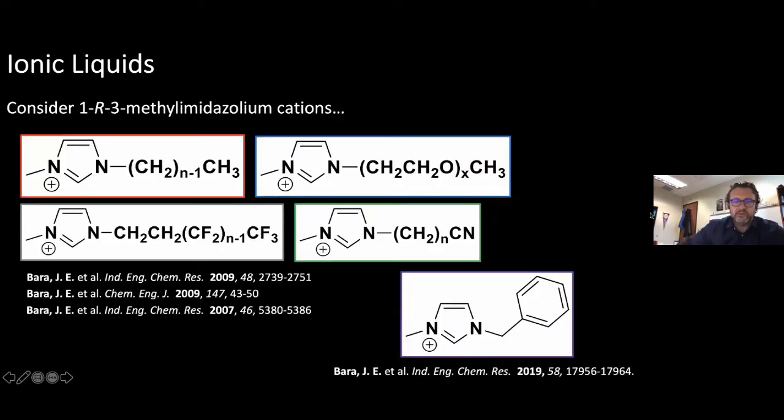Everyone here knows this, so I don't have to go on for very long, but when we think about ionic liquids and the imidazolium type of cations, we can see that there are many different possible functional groups that we can add to ionic liquids.